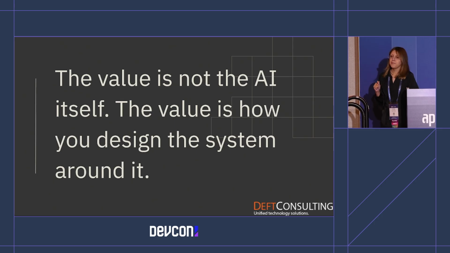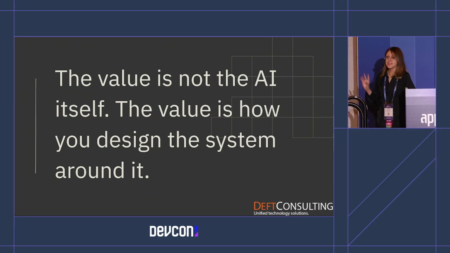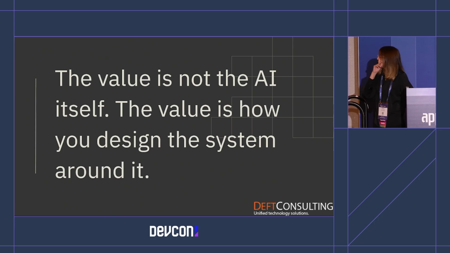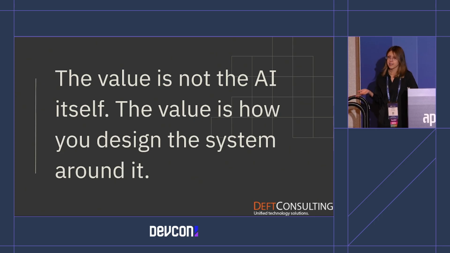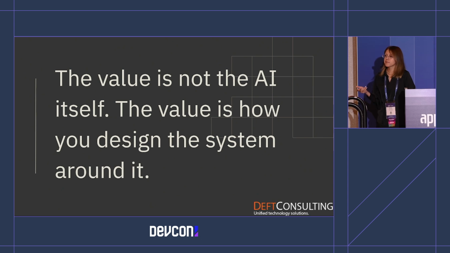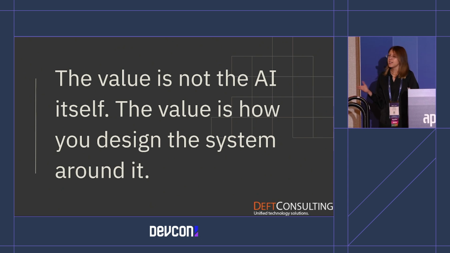So the very last takeaway that I'd like to drive through with this session is that the value is not the AI itself. The value is how you design the system around it. Right now, with all of these AI features, everything is still very new, and even getting an LLM to give us the result that we want takes very many tries.